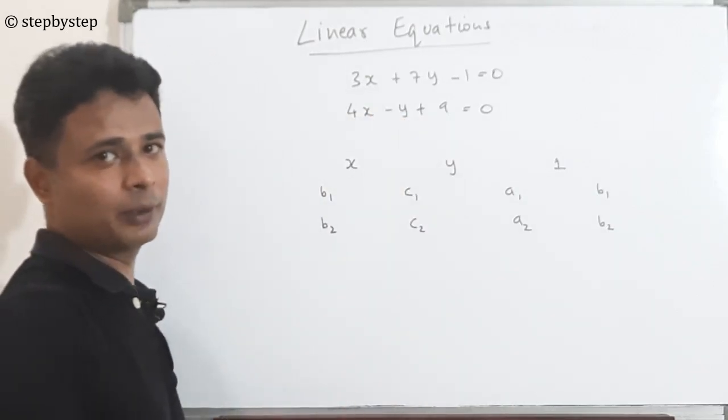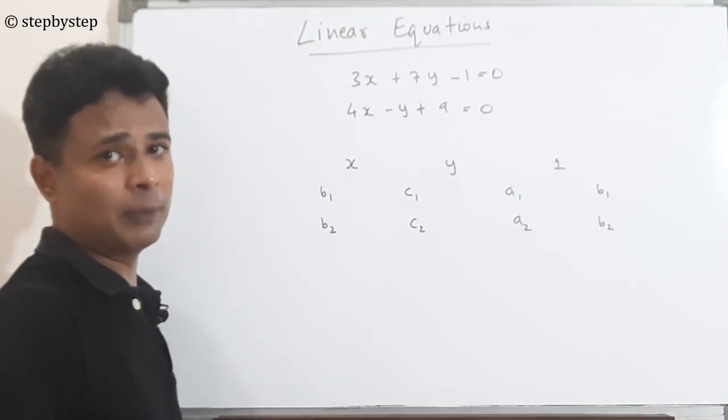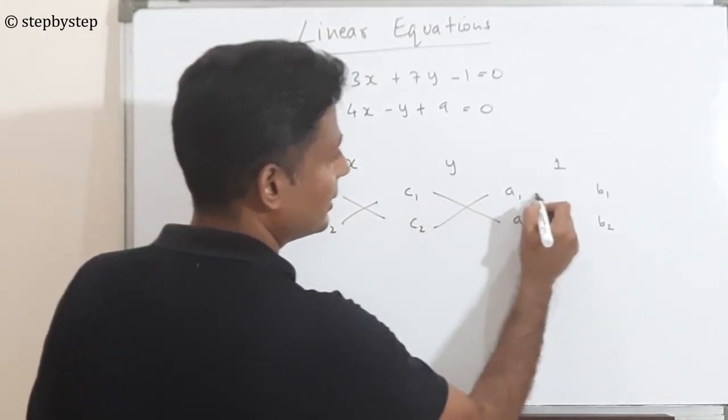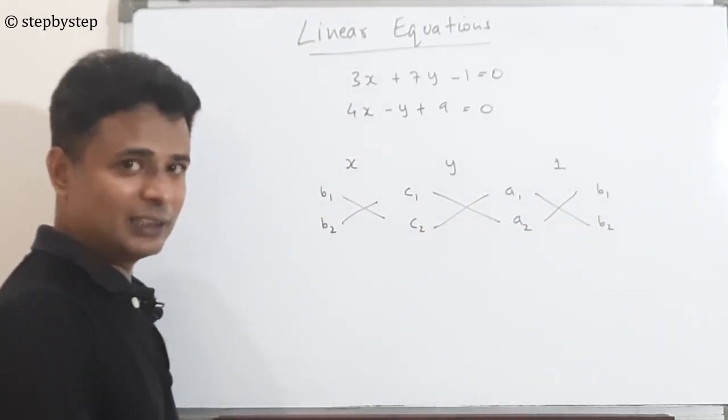This you have to remember if you want to solve using cross multiplication method. Then this and this, this and this, this and this. This is what you will do.